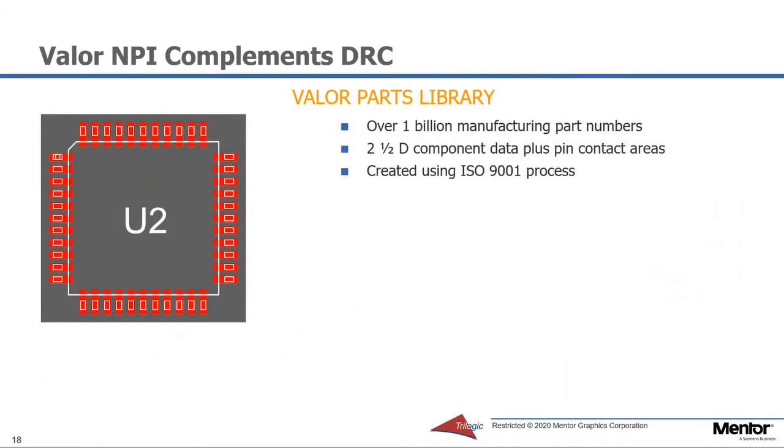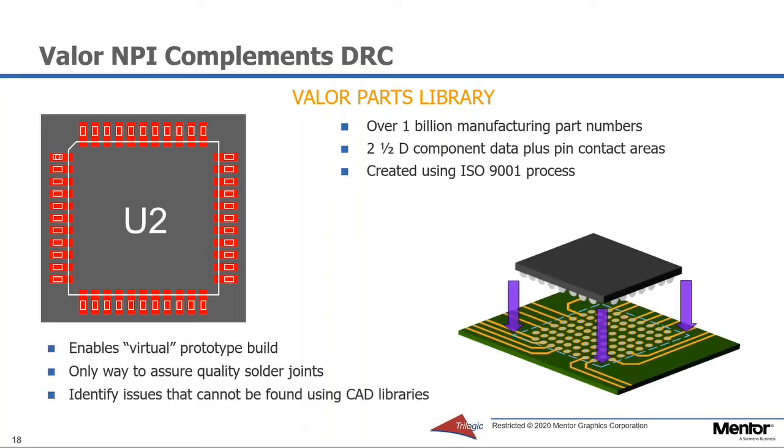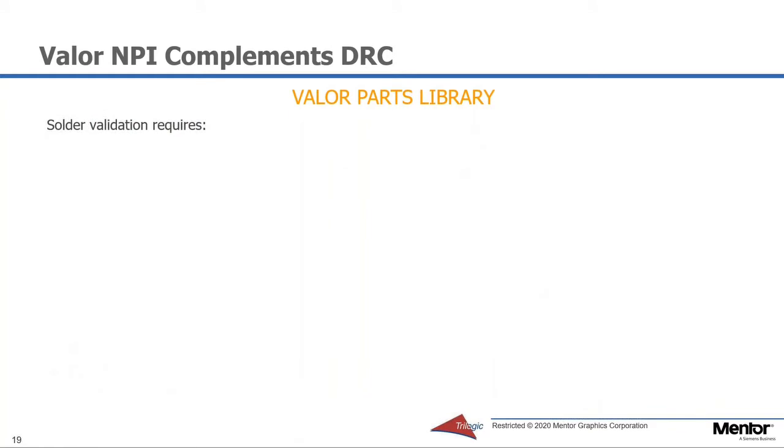The Valor Parts Library provides standardized information about the components that will be mounted on the board based on the manufacturer and manufacturer part number in the BOM or AVL. A standard boundary definition and height property allow a wide variety of checks beyond standard DRC rules. The pin information allows a virtual build of the board to be performed, identifying pin-to-pad issues that can affect the quality of solder joints.